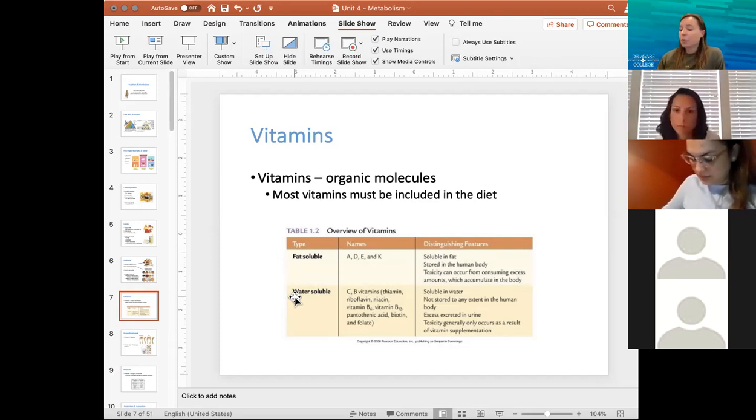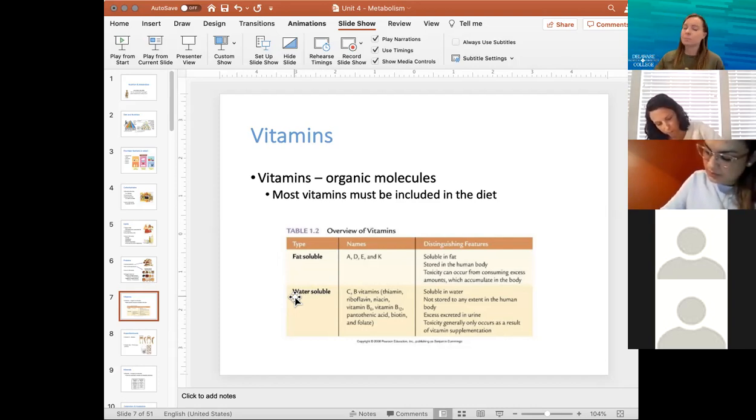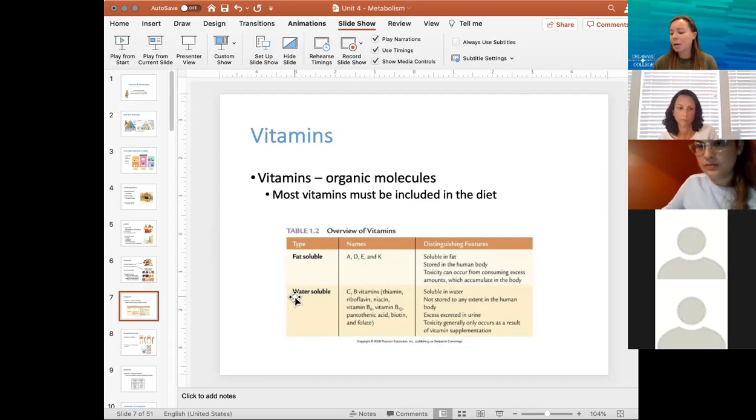The water soluble vitamins are absorbed along with water in the digestive tract. And one other thing about them, any amount that's not used within an hour or two gets excreted in urine.